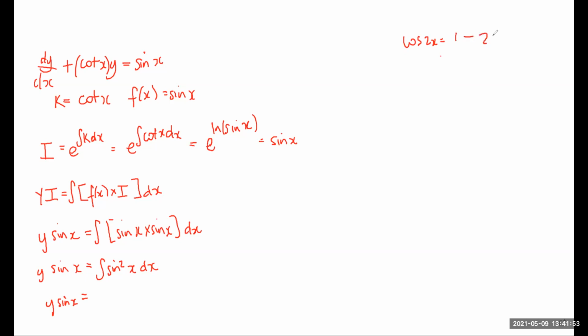It's 1 minus 2 sin squared. Exactly, yeah, that's the identity. 1 minus 2 sine square. So now make sine square x the subject.